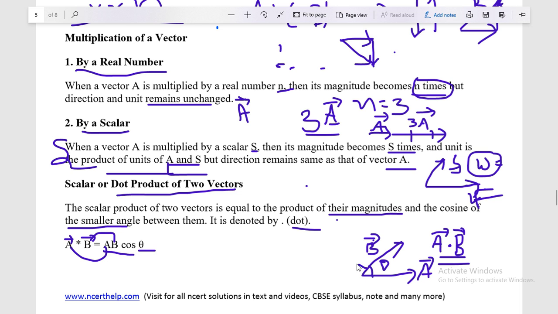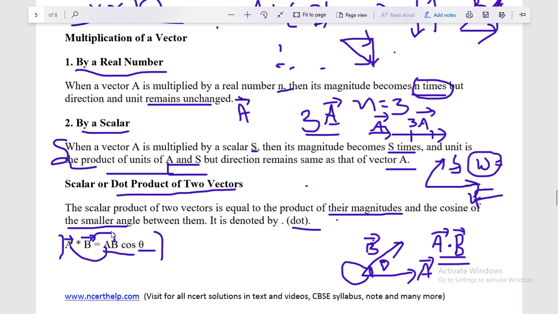You can see there is another angle, this one is the greater. So it is the cosine of the smaller angle between the two vectors A and B. This will give you the magnitude of the scalar product of two vectors.